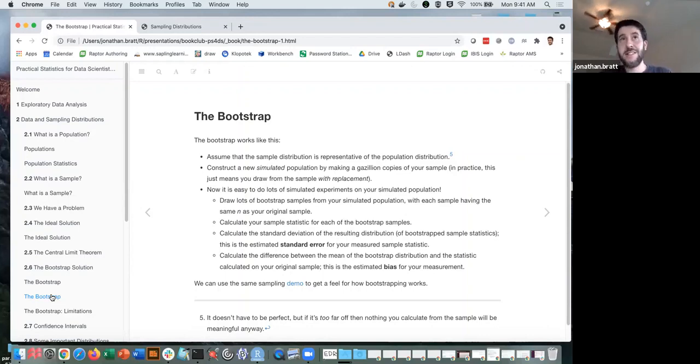I can calculate some other things too, like confidence intervals, which we'll talk about in a little bit. I can even get an estimate of the bias because I can see how the mean of my bootstrap samples varies from the mean of my simulated population.